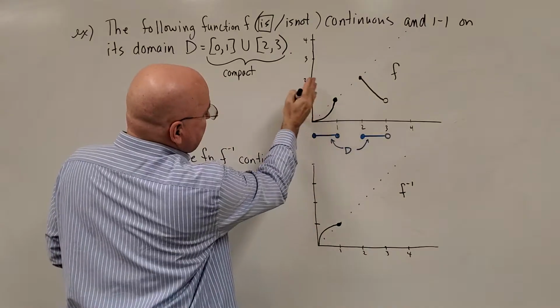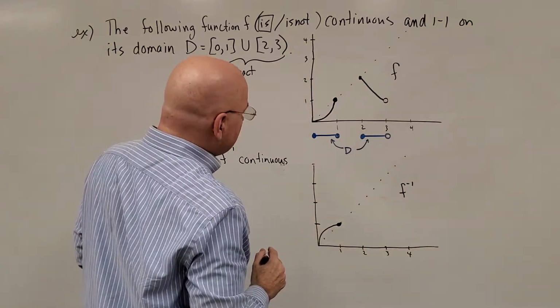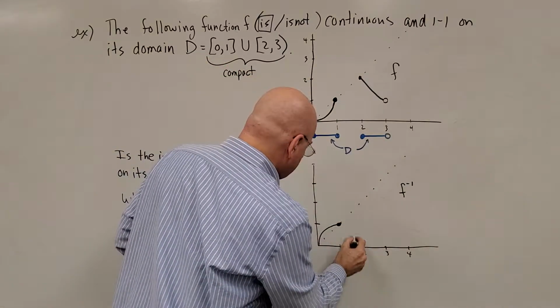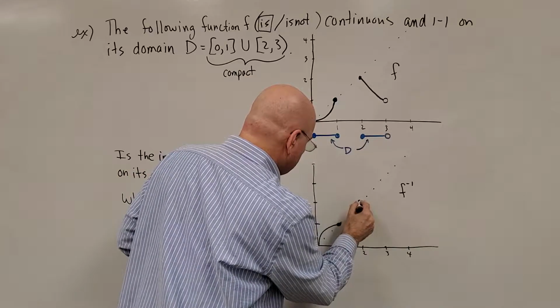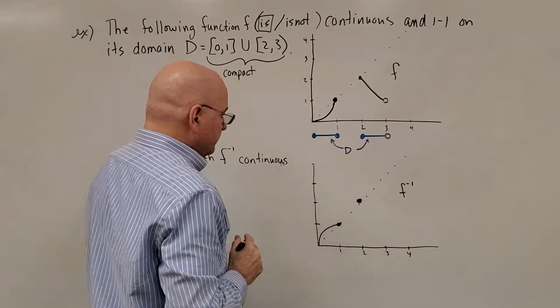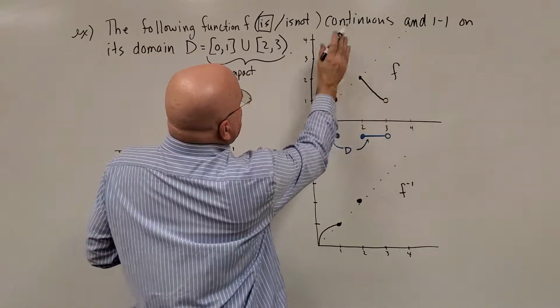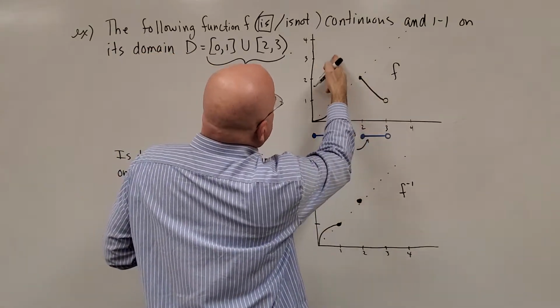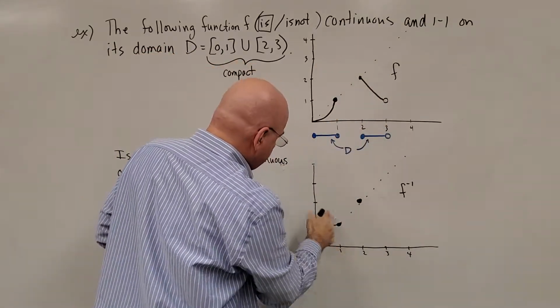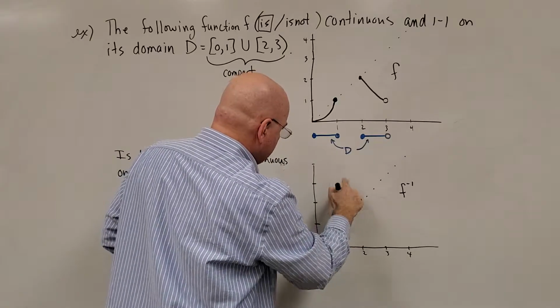So what we would get at 1 is something like this. Notice I just flipped that over. What are we going to get here? 2, 2. And this is going to flip over. Let's see, this would go all the way to 1, 3. 1, 3 would be right here.